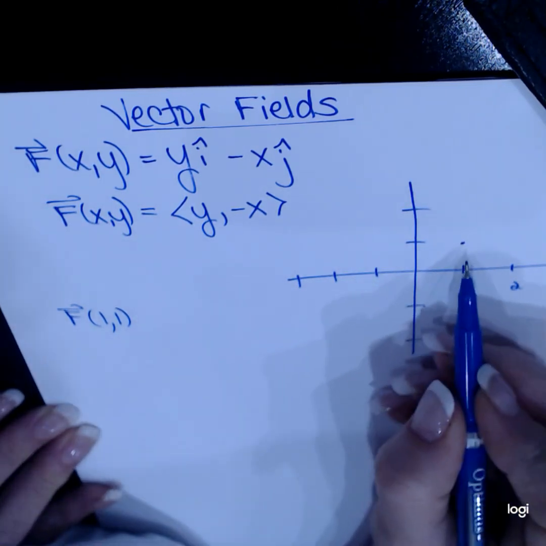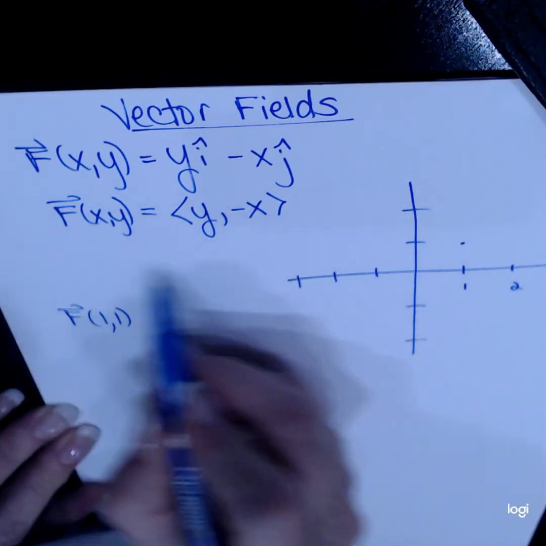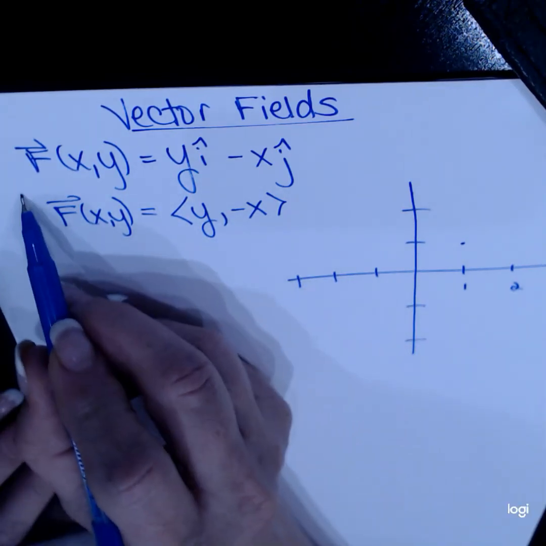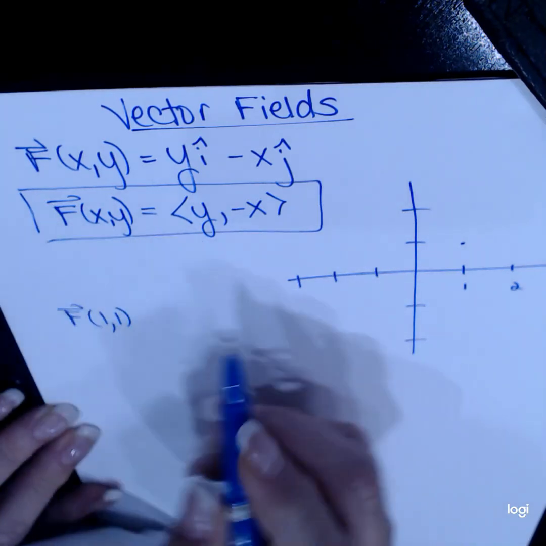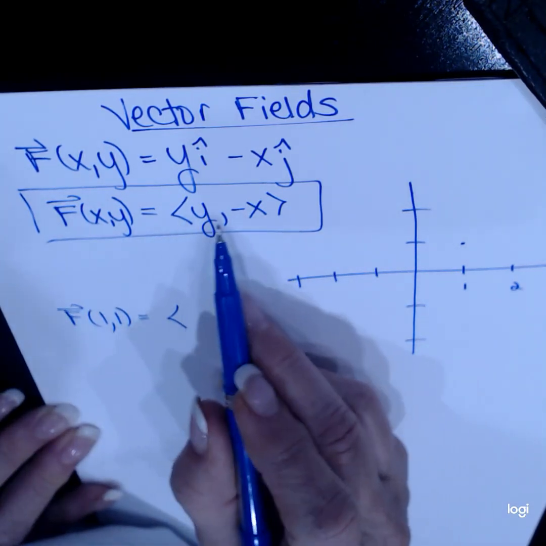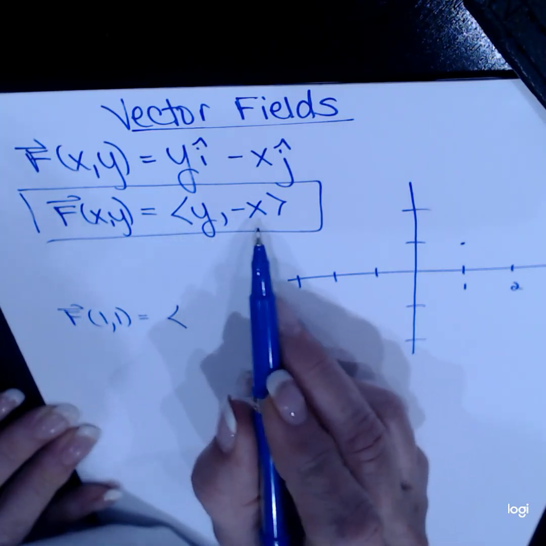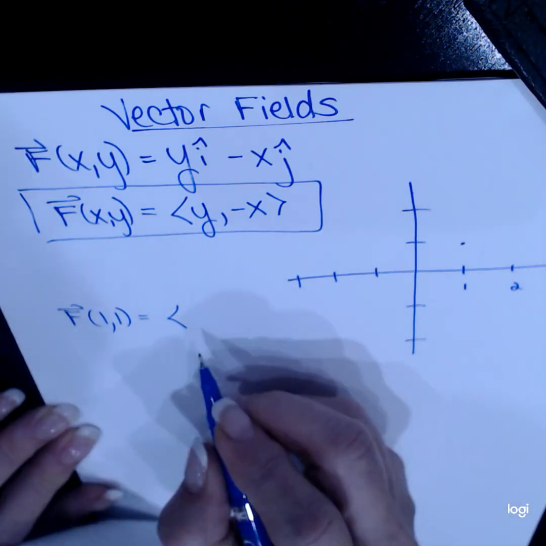So this is an ordered pair within the field, which means there is a vector that is assigned to that point. And the vector is defined using this definition here. So I'm going to have a vector that uses the y coordinate for the first component and minus the x coordinate for the second.